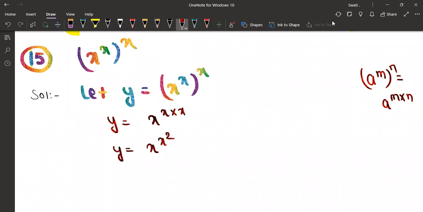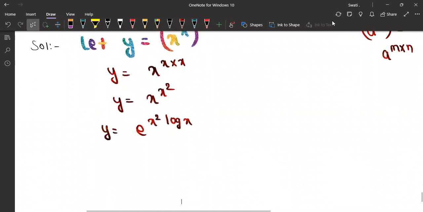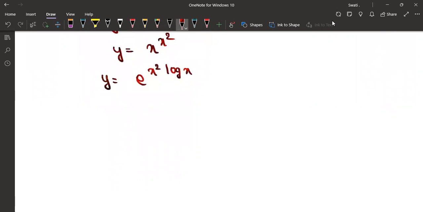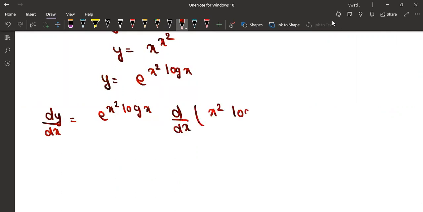And now we will write this using the property of log. It will become e raised to x square log x, right? And now we will differentiate this function. So it will become dy dx, the derivative of the exponential function, which is e raised to x square log x as it is. By chain rule, we will do the derivative of x square log x, right?